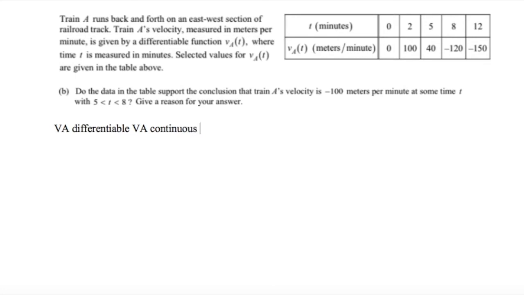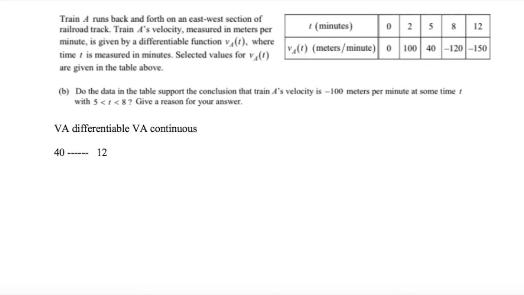So knowing this information allows us to solve the entire problem, because we know that from 5 minutes to 8 minutes we start at 40 meters per minute, and we go from there to negative 120. So I'm going to write that a little bit more obviously.